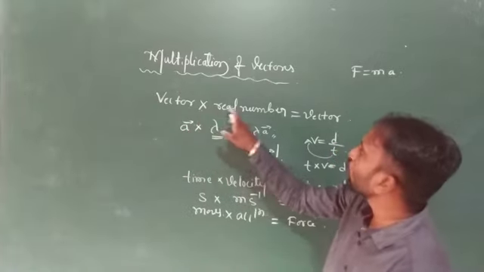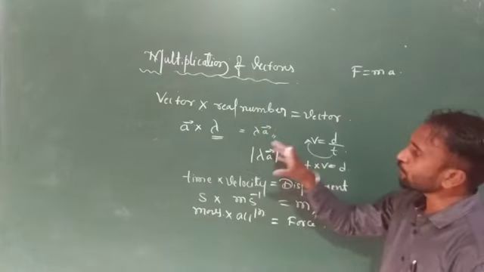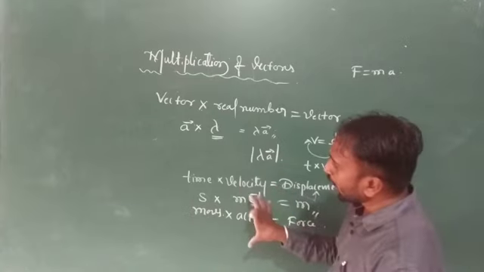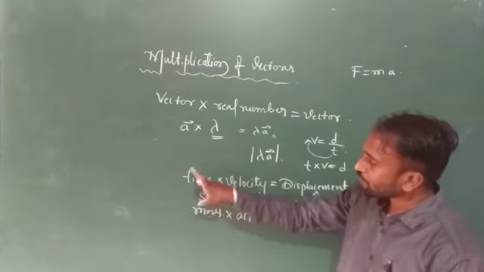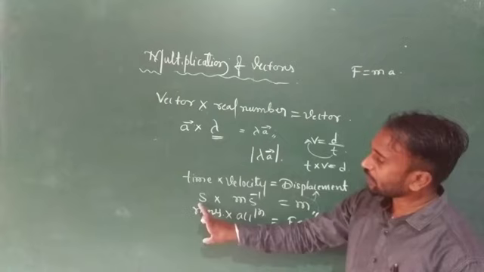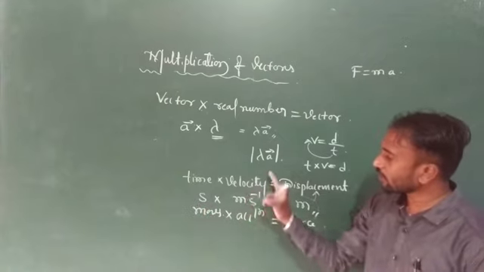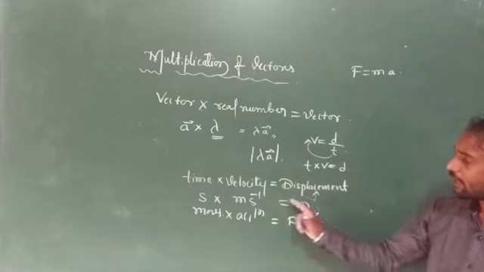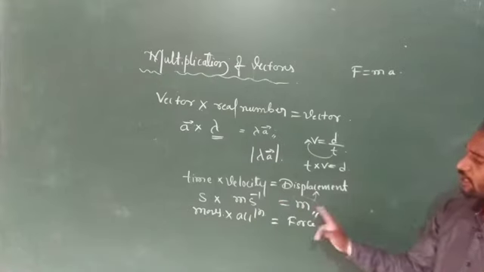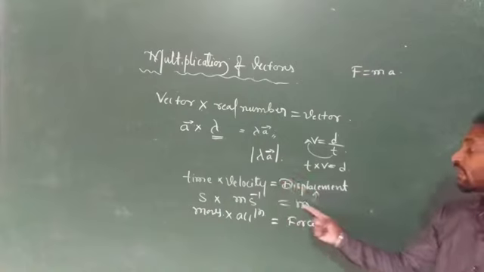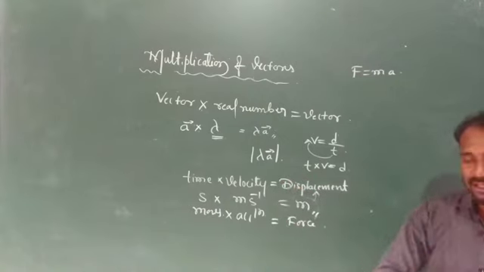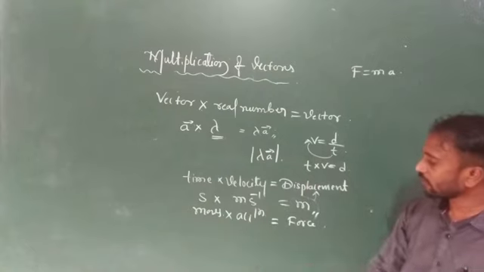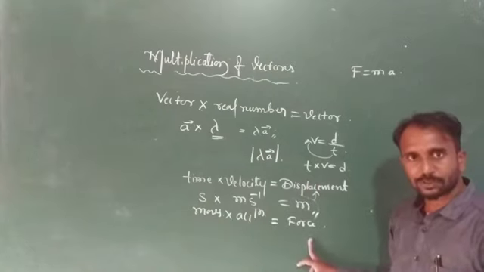In units, time in seconds is scalar, velocity in meter per second is vector, the second gets cancelled, and finally we get meter, so displacement is a vector quantity.